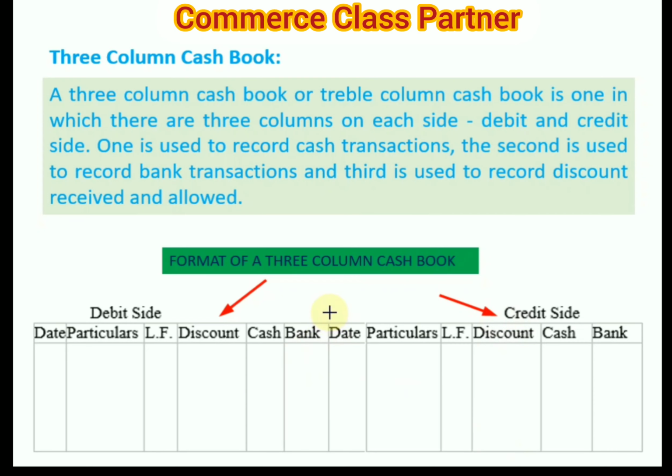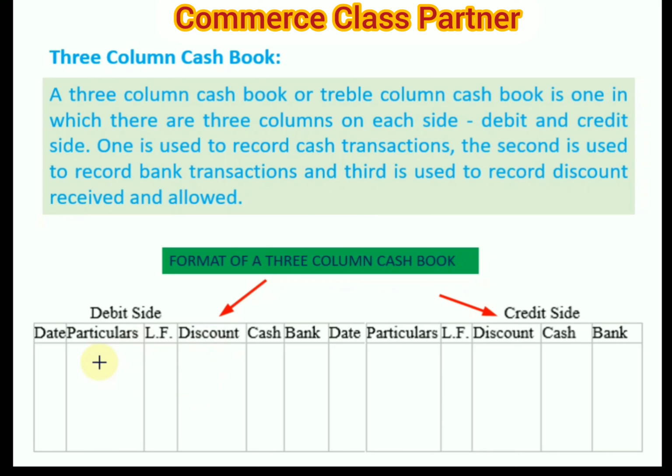As you know, the cash book is divided into 2 parts, the debit side and the credit side. On the debit side we record the cash receipts, and on the credit side we record cash payments. But as far as discount is concerned, discount allowed is entered on the debit side.